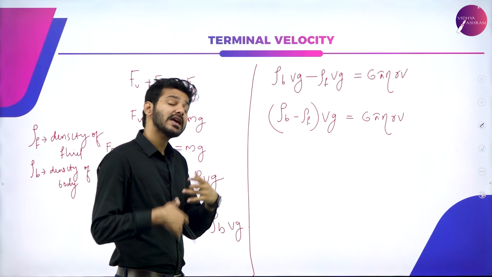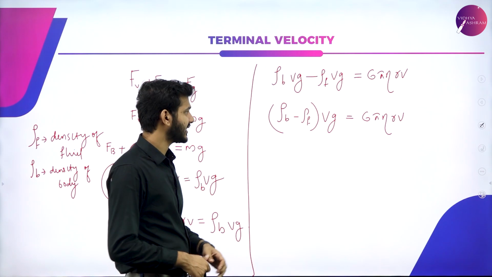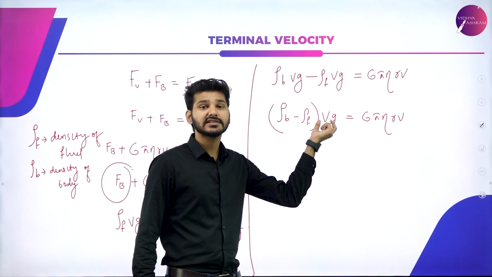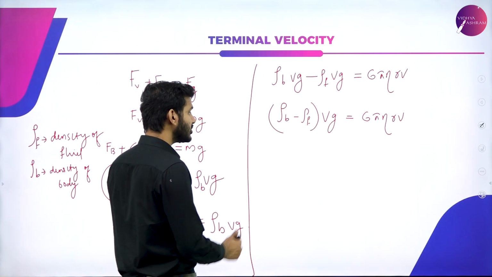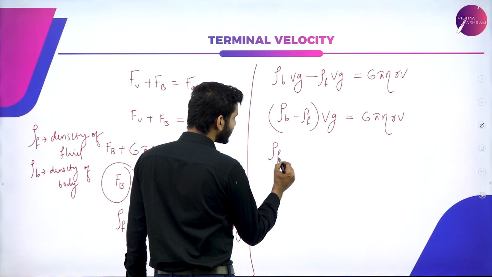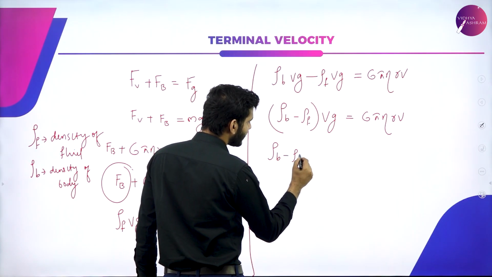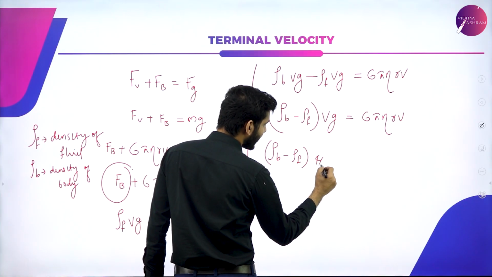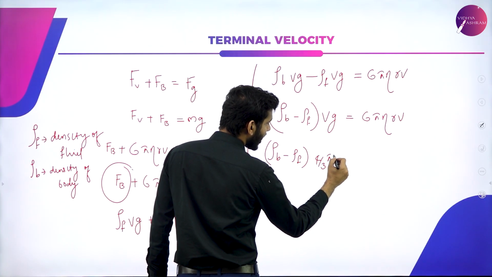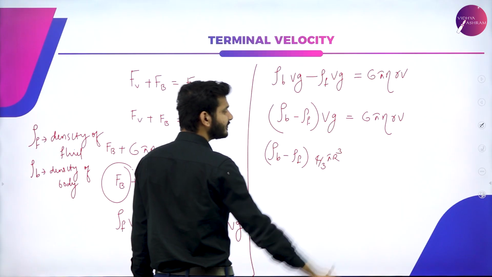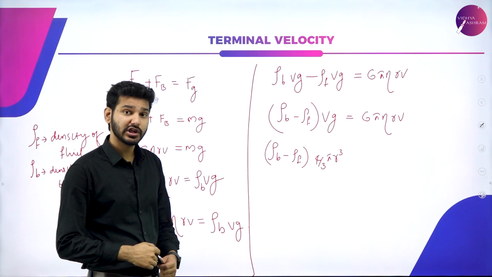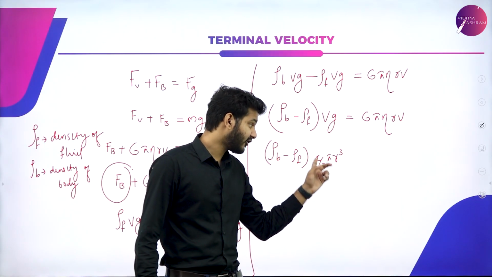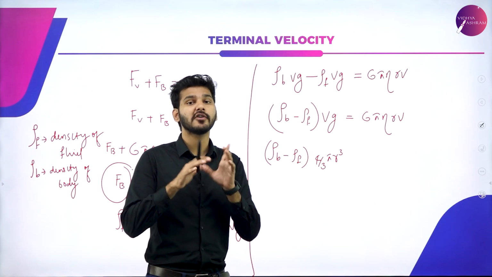Now we can evolve this particular equation. This V is volume. So we are going to substitute the equation for volume, that is rho B minus rho F into volume, that is 4 by 3 pi R cube. 4 by 3 pi R cube is the volume of a sphere.